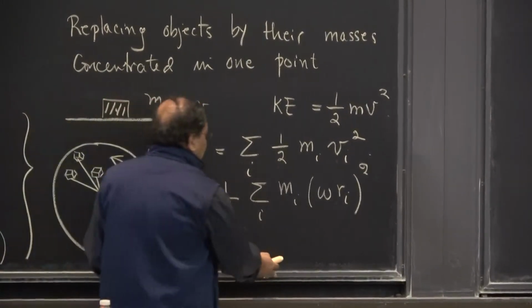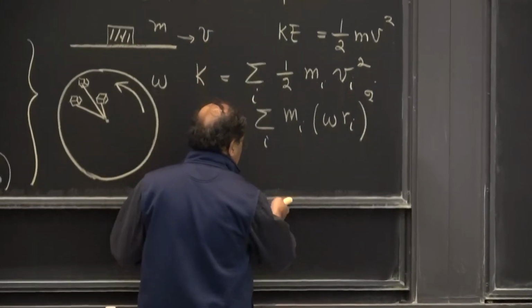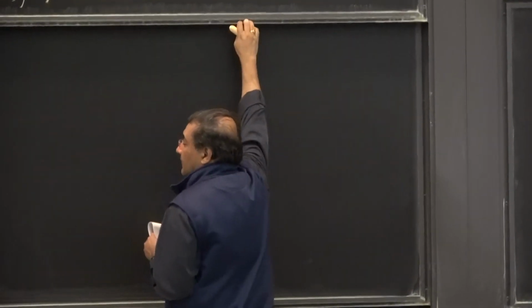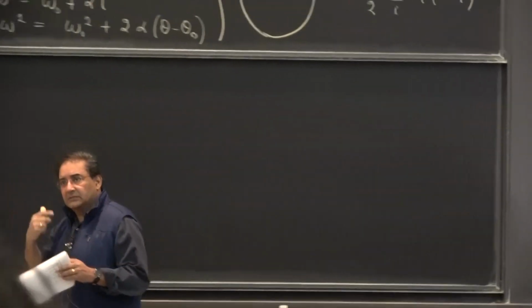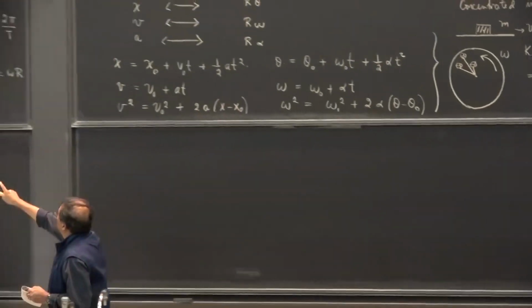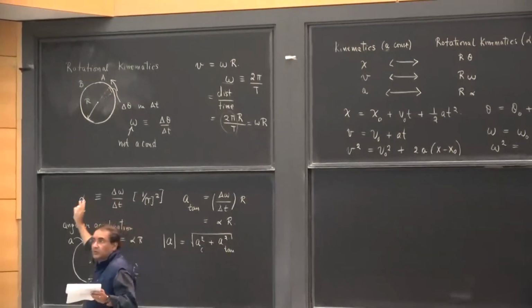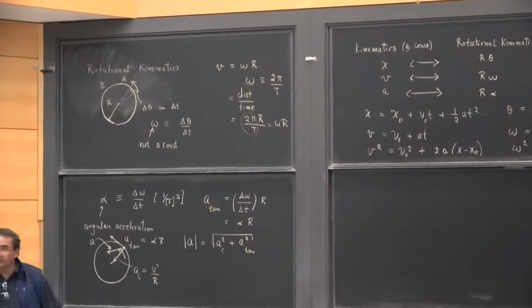Now omega is common to everything, unless of course you are dealing with jello. Because it's a solid object, the delta theta over delta t should be the same no matter where you are on this disk.